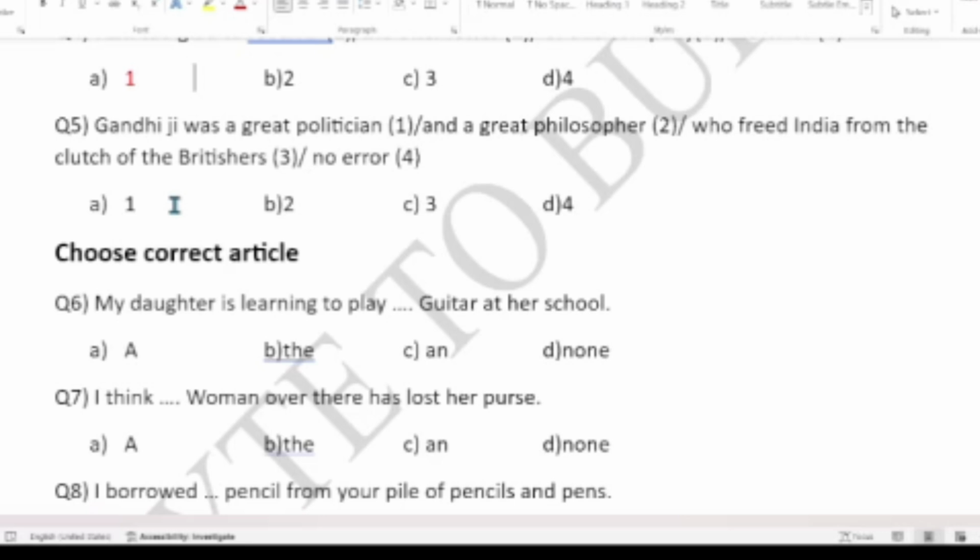Gandhiji was a great politician and a great philosopher who freed India from the clutch of the Britishers.